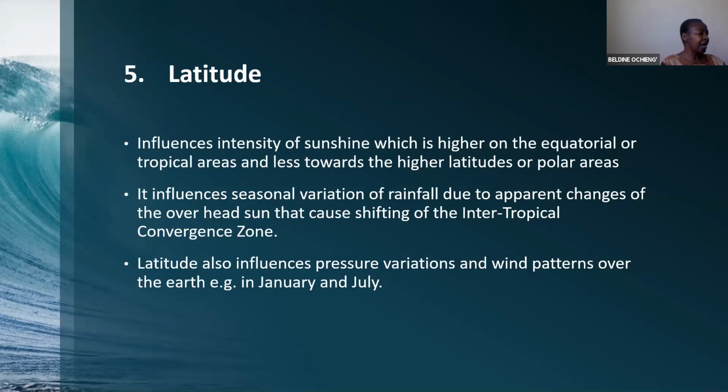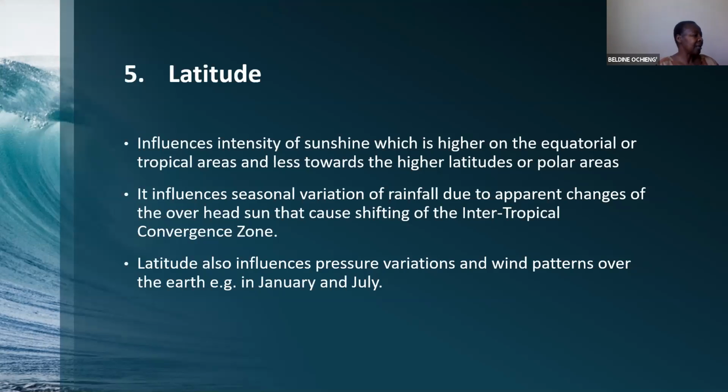This is where we have our equinoxes. So when it keeps shifting positions, and when it is to the north, the northern part would have rainfall. When it shifts to the south, the southern part would have rainfall. So that is how it influences the variation of rainfall.